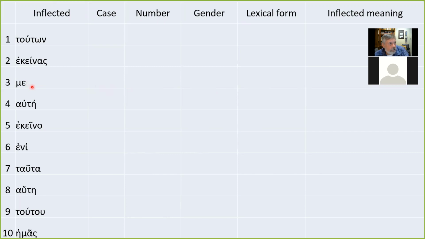Me is not a demonstrative. It's a pronoun. What case is that pronoun in? We're looking at the third one, right? Right, me. Accusative. It is accusative. Its number? Singular. Yes, sir. And what about gender? No gender, because it's... Well, let's go back to number. We said it's singular. Is it first person or second person singular?